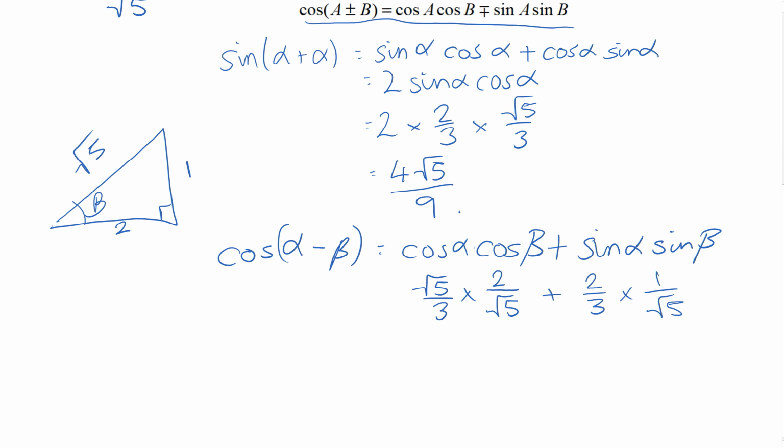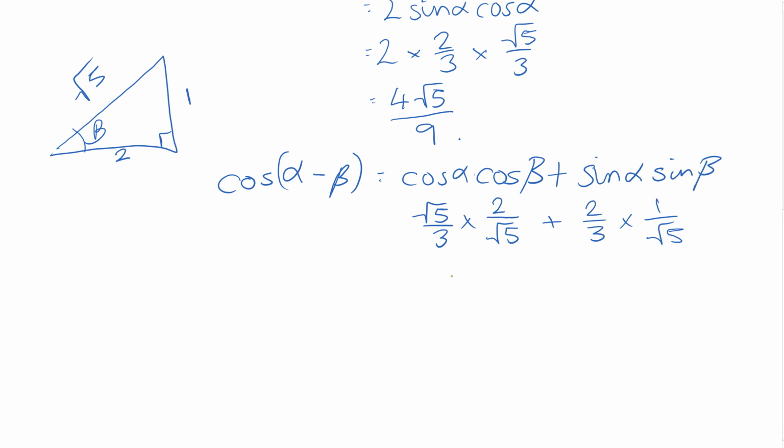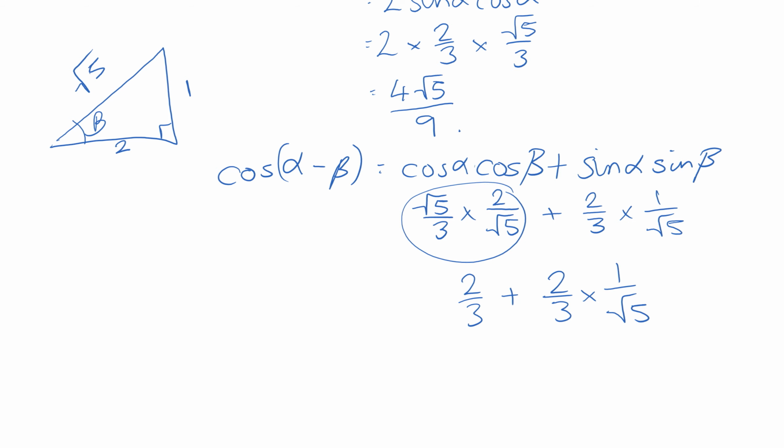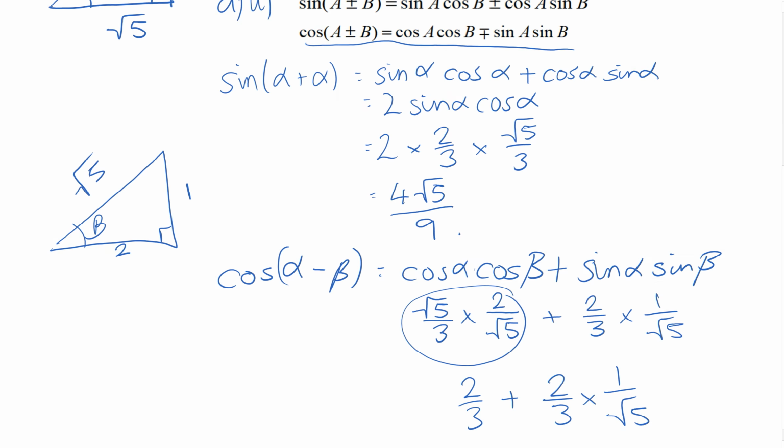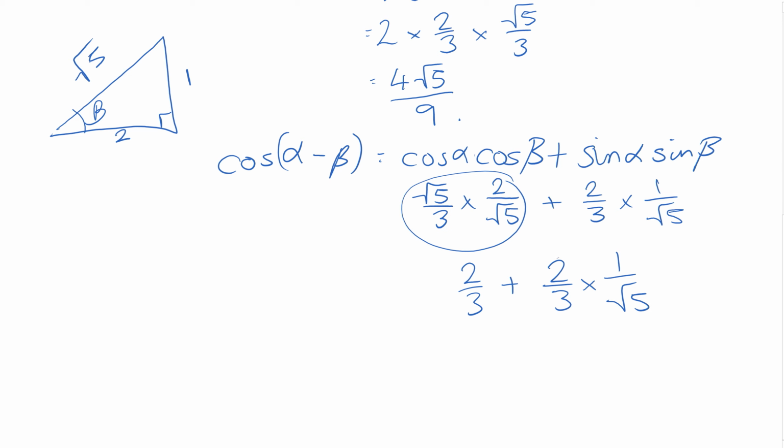So then if we just bring a bit more space again, let's tidy up our fractions. On this first one, the root 5s are going to cancel. So we're going to be left with 2/3 because the root 5 and the root 5 are cancelling out. And on this second one here, I've got 2/3 times 1 over root 5. So you're probably looking at this thinking, well, that does not equal what I've been asked to show that it can be expressed as. But what we need to do here is the process of rationalising this denominator at the bottom here.